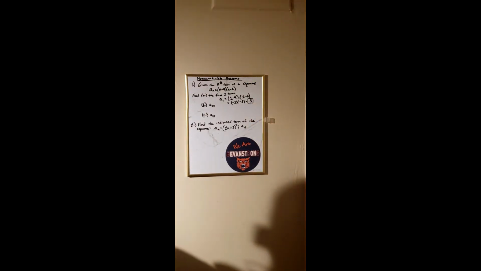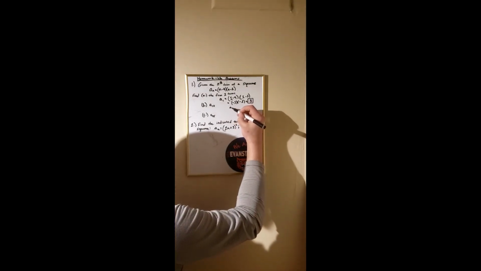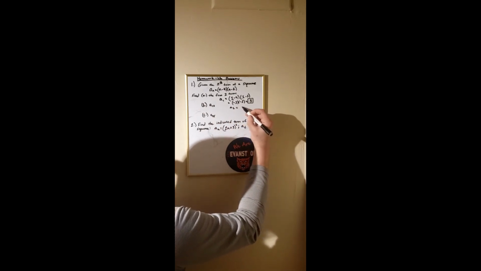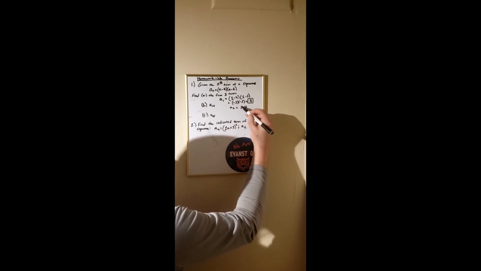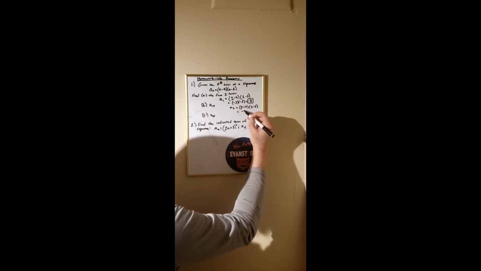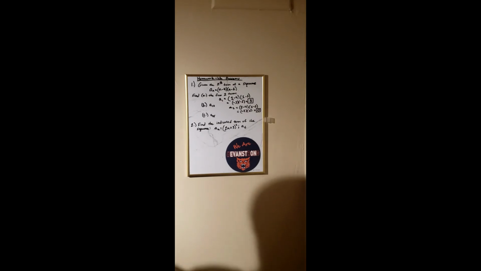So that's the first term. The second term, and I will move these over to the side in a bit, we'll have 2 minus 4 times 2 minus 2. This is going to be 0, and -2 times 0 is just going to be 0. Okay? So those are our first two terms. We're done.